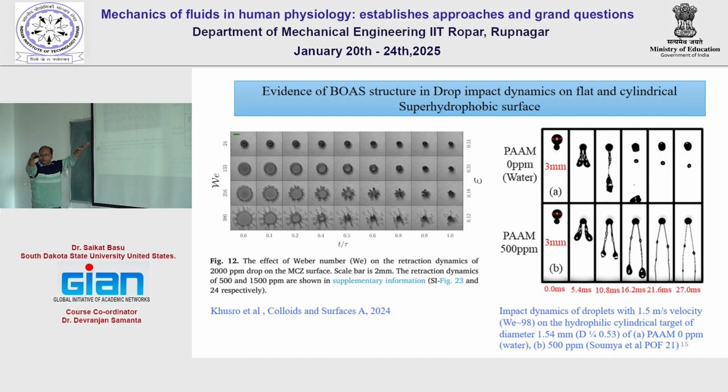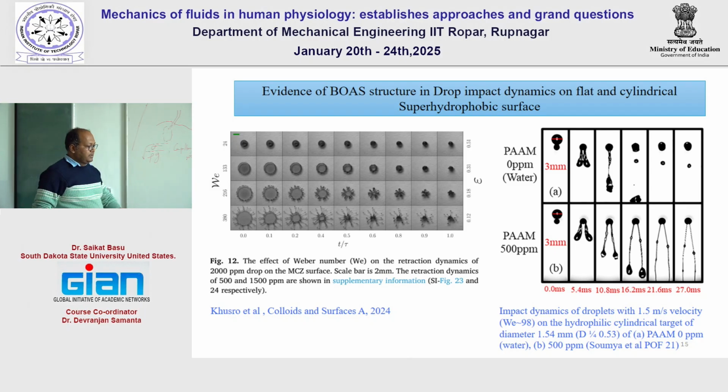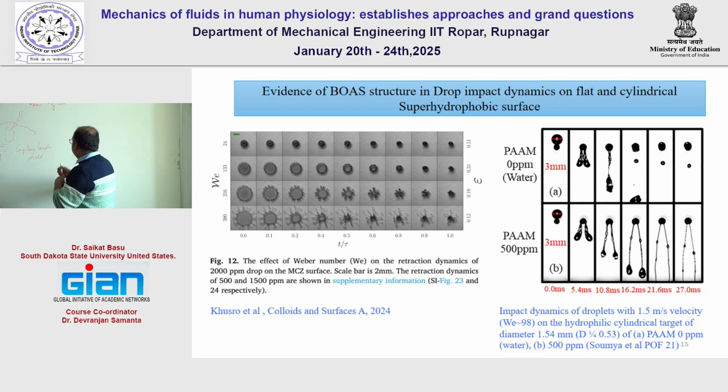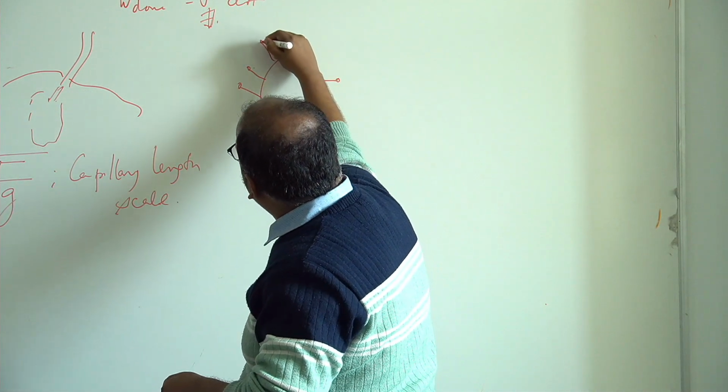This is the top view of the dynamics. As we increase the Weber number, this is the ring. From the ring, in case of water, due to the ring instability, some finger-like structures form, and in case of polymers, some small bead-like structures appear here.